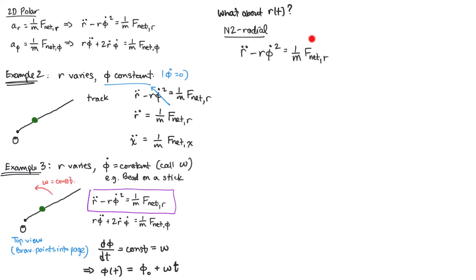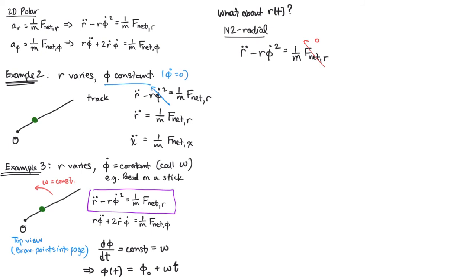Well, what is the net force in the radial direction? If I look at this bead, nothing is pushing it along the rod either direction. There's maybe a normal force, though there is a normal force by the rod on the bead, but that normal force has to be perpendicular to the rod. So that would be in the phi hat direction, but there's no radial force. So actually in this problem, F net in the radial direction is 0.